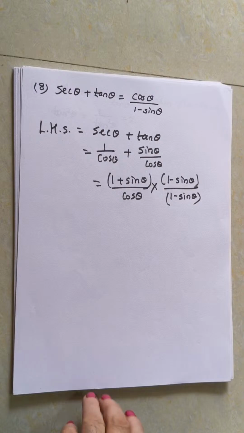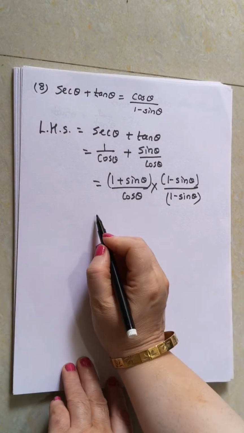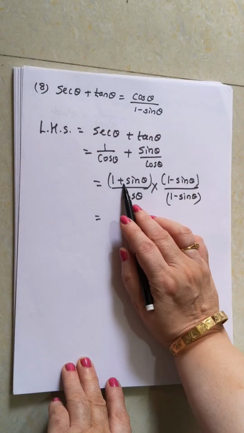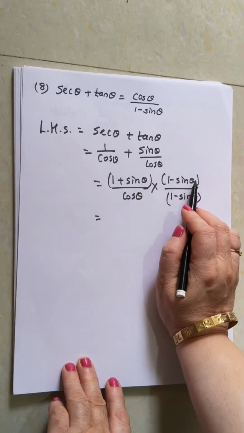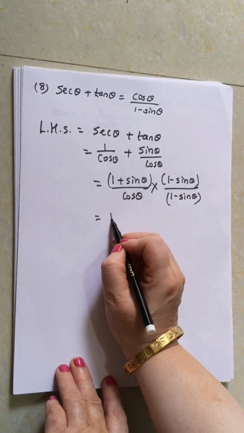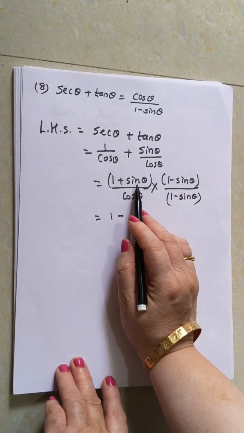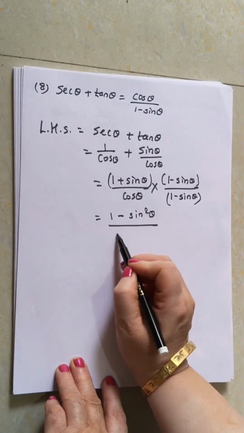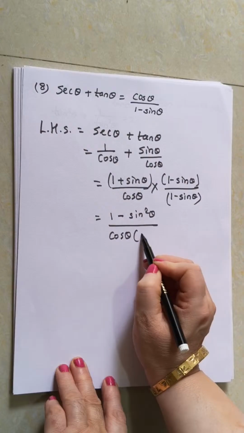Okay. So see here now. Here it is 1 plus sin theta, 1 minus sin theta. A plus B, A minus B, the answer is A square. A square means 1 square is 1, minus B square means sine square theta, upon cos theta into 1 minus sine theta.